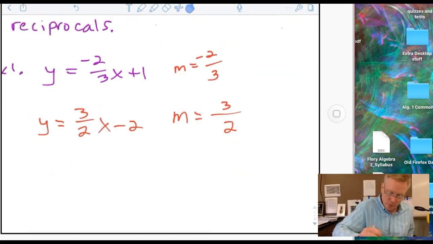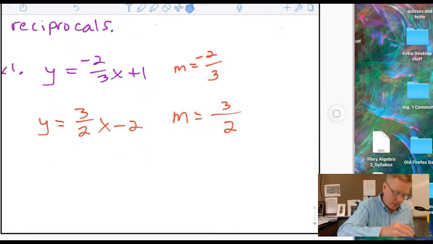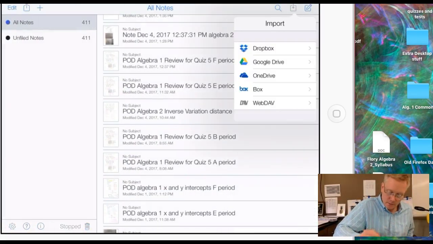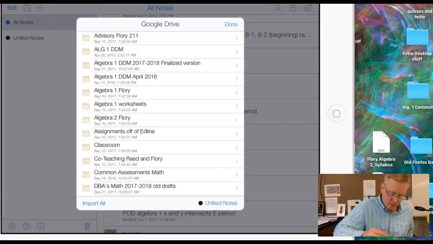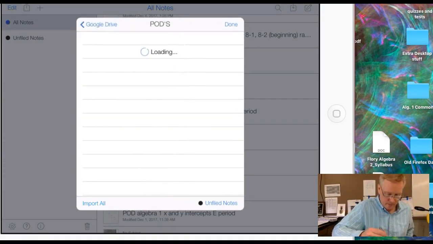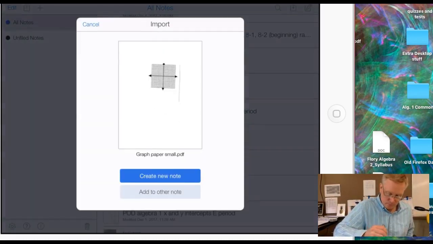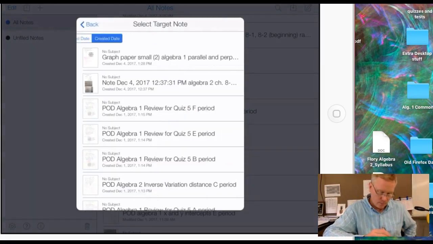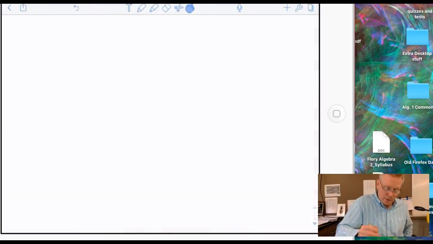Let me quickly import a graph here. Okay, so back to my thing here.